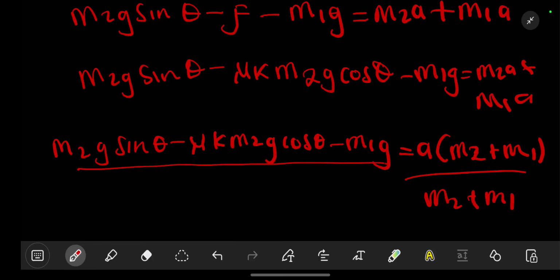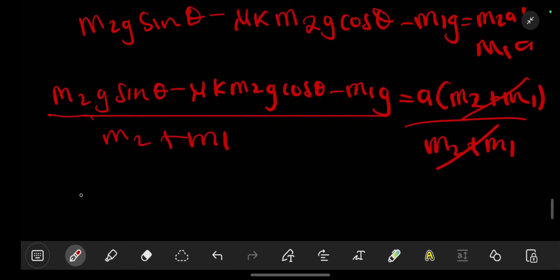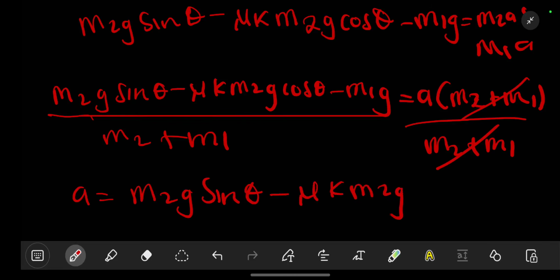We divide even this side by m2 plus m1. So this and this cancel, so our a should be equal to m2g sine of theta minus mu k m2g cos of theta minus m1g, over m2 plus m1.